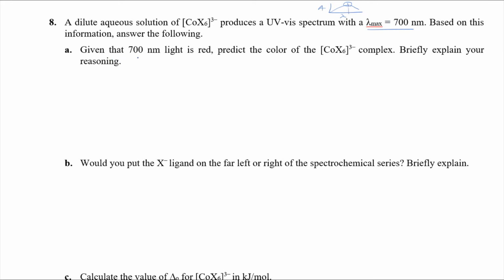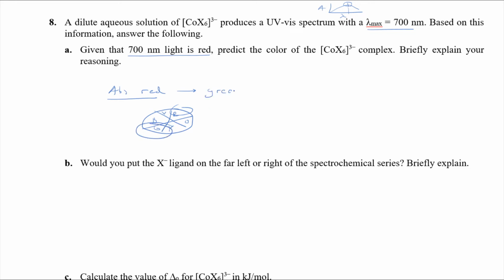Now it says this color is red. Oh, well, that's easy. What color is that complex? Well, remember, if it absorbs red, it's going to appear what? The complement. So if you look at that, ROY G. BIV, right? If it absorbs red, that means it's going to look green.